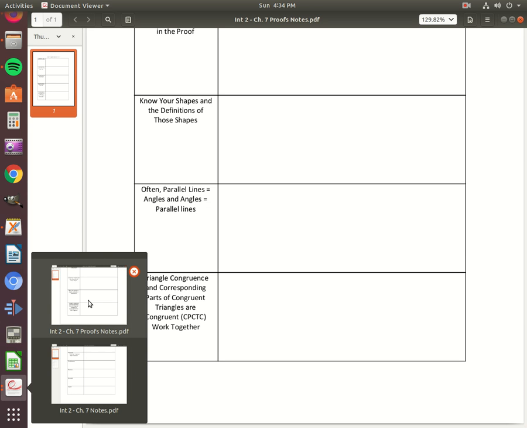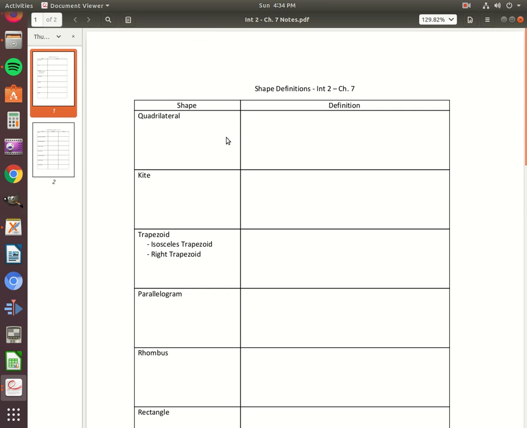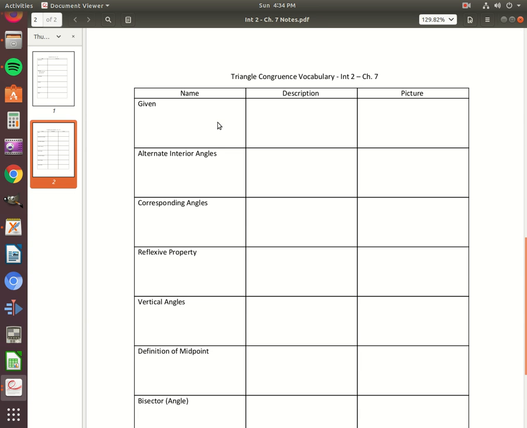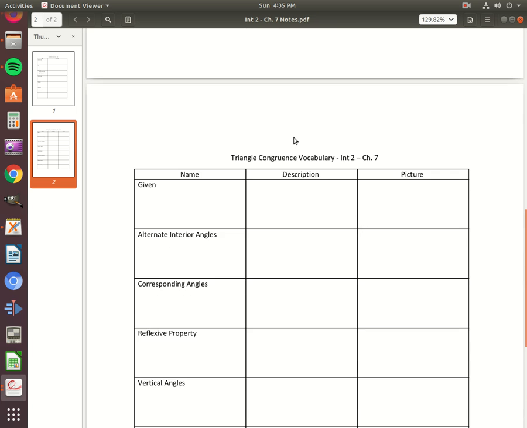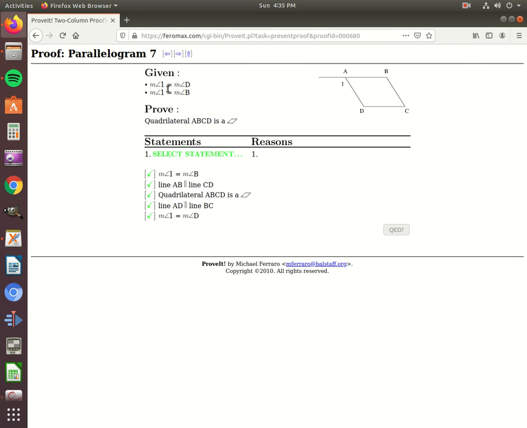And again, I would say be filling out the shape definition. We're going to be using this for sure today, as well as these kind of tricks, which are like evidence essentially of why we say we know something is true. So anyway, we'll go ahead and jump into this one.